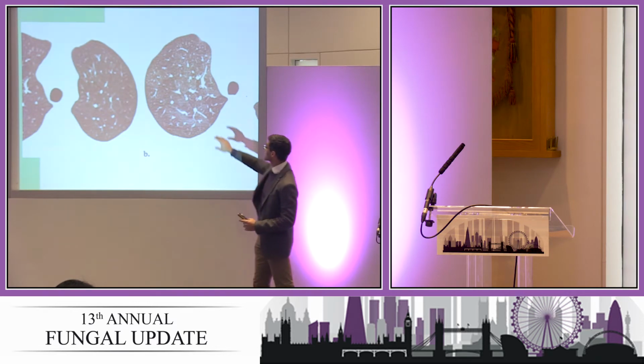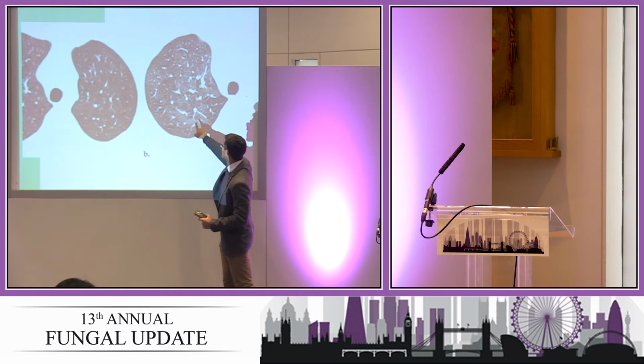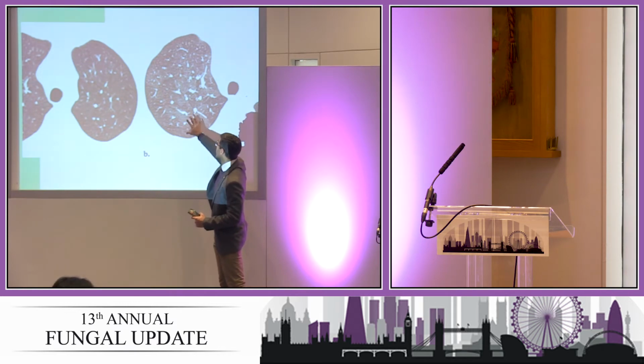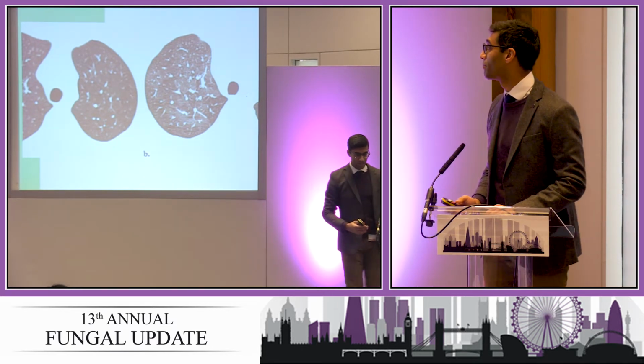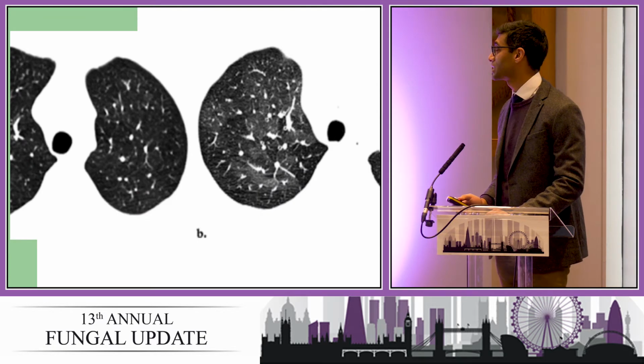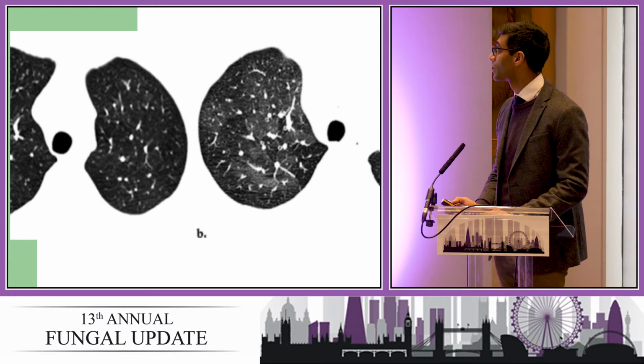And you can see these are corresponding lobes. There are areas of ground glass shadowing adjacent to areas that are normally aerated. So you've got air trapping in segments of the upper lobe in keeping with small airways disease that you typically see in pulmonary graft versus host disease.